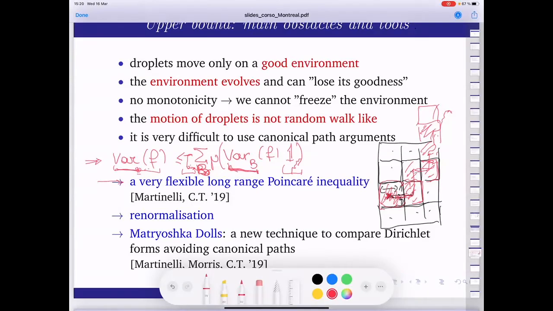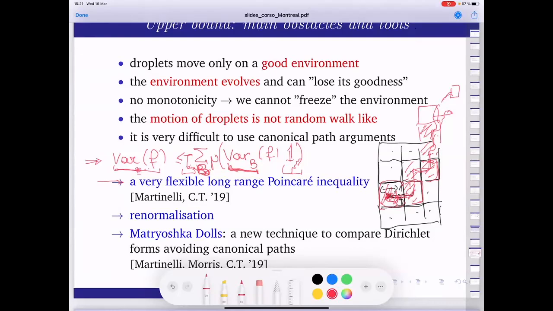The presence of this path tells me that I have somewhere a droplet that is able, via moves allowed by my dynamics, to move all over this path and reach my original box and make empty everything, then refill it by irreversibility, etc. So in principle, one should be able to use some path arguments to deal with this last part, but it's not what we are doing.